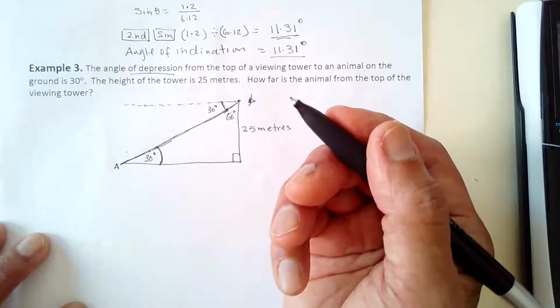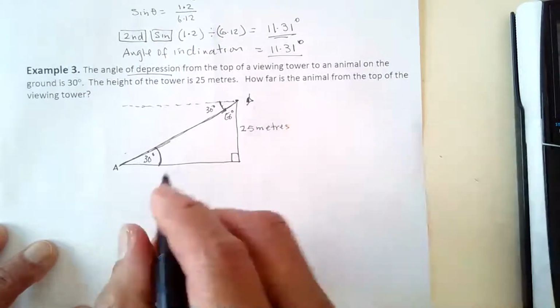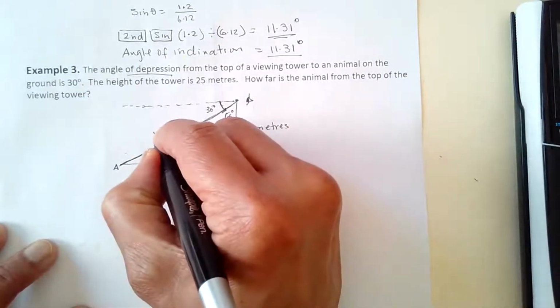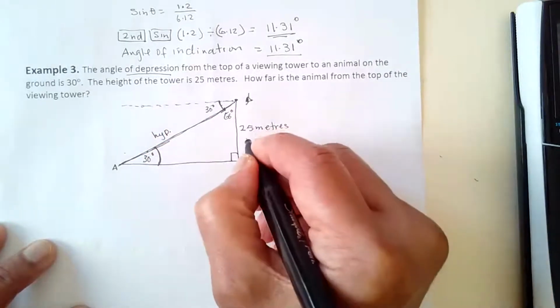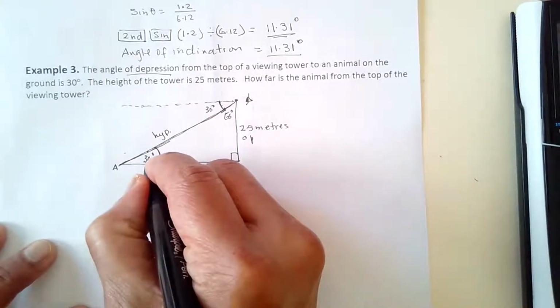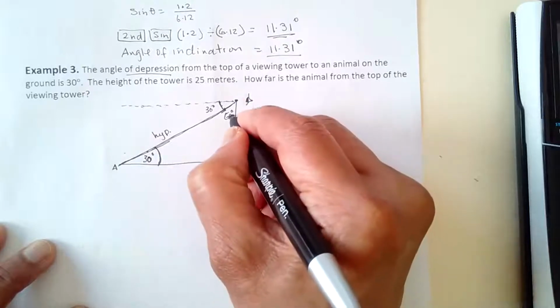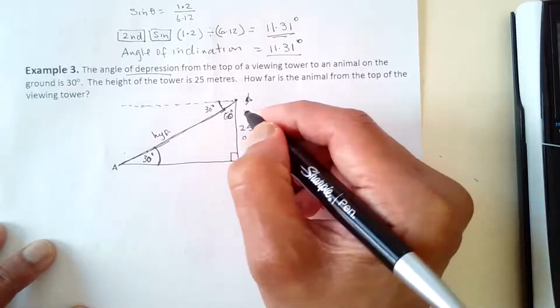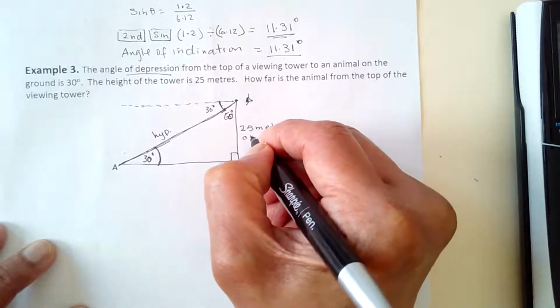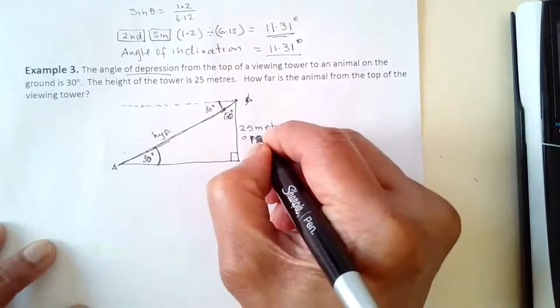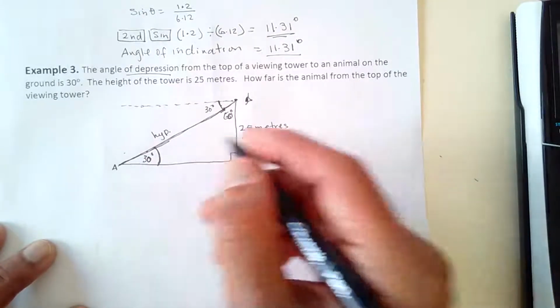So essentially it asks me to find the hypotenuse. So let's label this side. This is the hypotenuse here. This will be the opposite side, since I'm using this angle here. Now, if we were to use this 60 degrees angle, this becomes your adjacent side. But I'm going to use the opposite side. I'm using the reference angle.